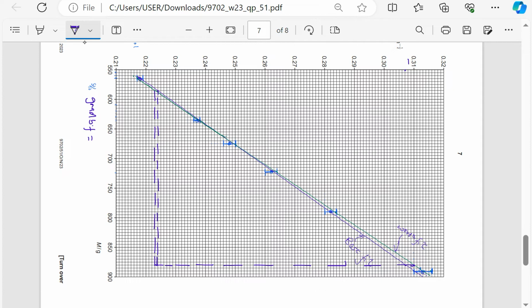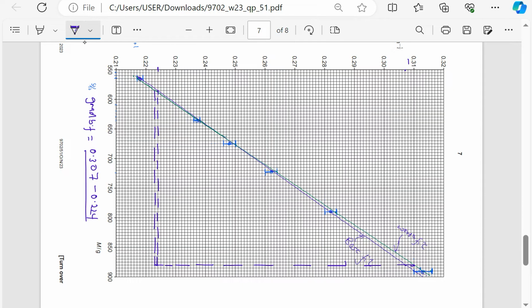So from my calculator, 0.307. So this is 0.307 minus, on the y-axis at the bottom here we have 0.224.